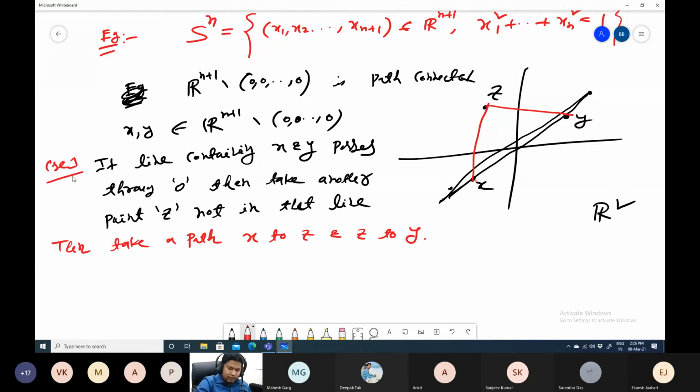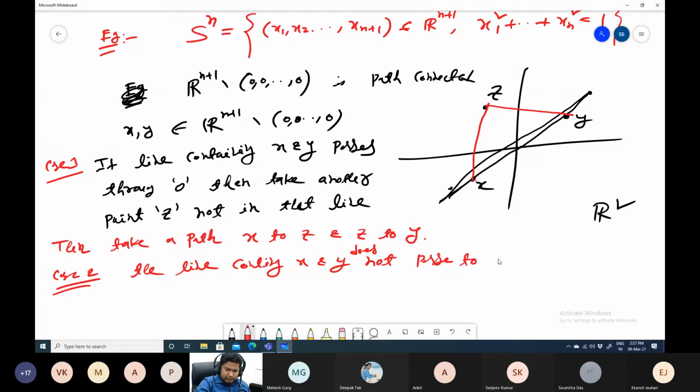Another case is possible. Case 2: the line containing x and y does not pass through 0.